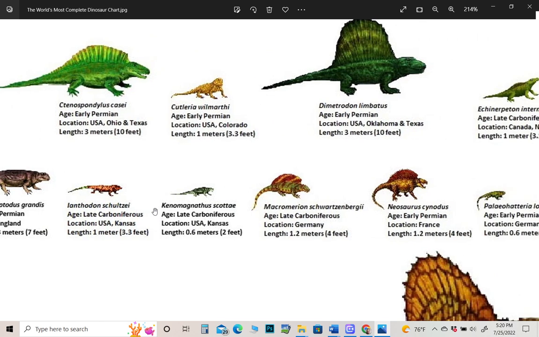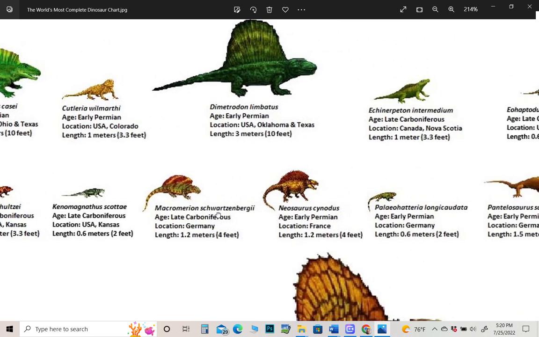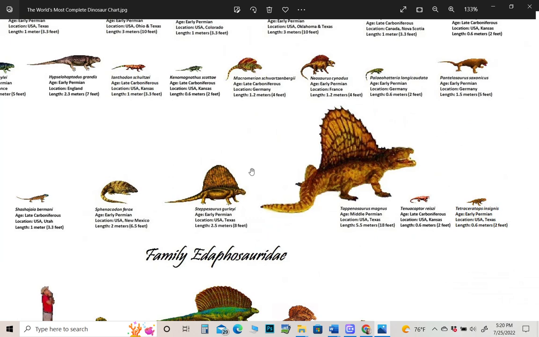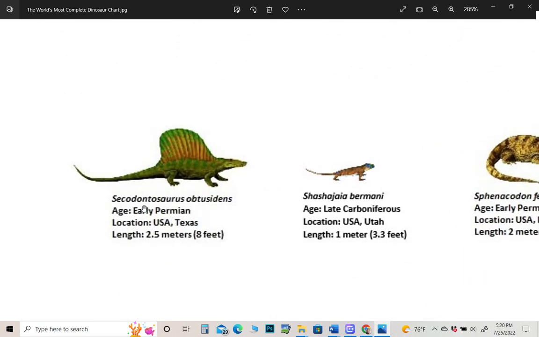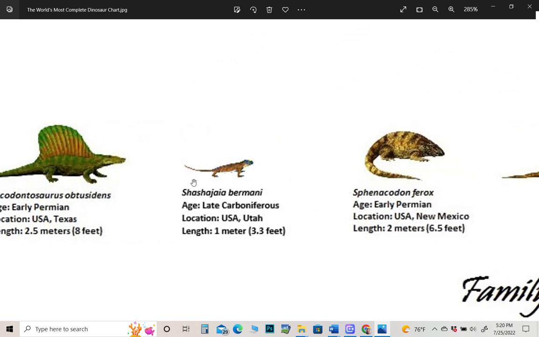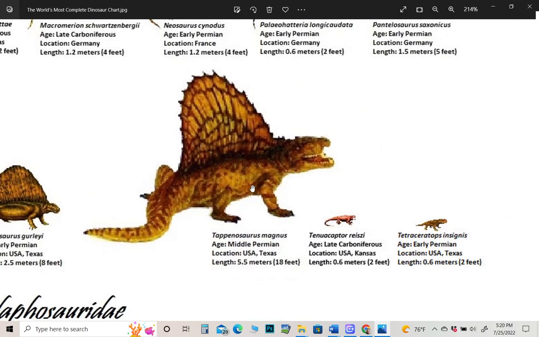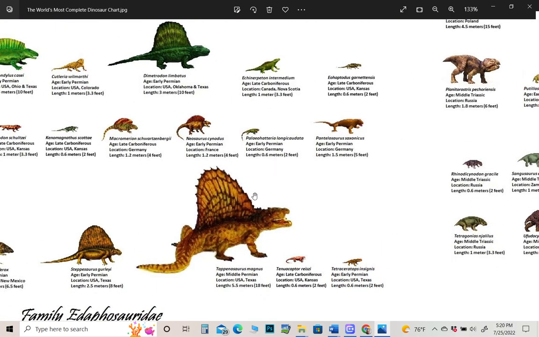Okay, Gorgodon, Haptodus, Hypselohaptodus, Ianthodon, Kenomagnathus, Macromerion, Neosaurus, Palaeohatteria, Pantelosaurus. Palaeohatteria as opposed to Madhatteria, just kidding. Secodontosaurus, Sphenacodon, Tapinosaurus, which is like the Dimetrodon above, but much bigger.